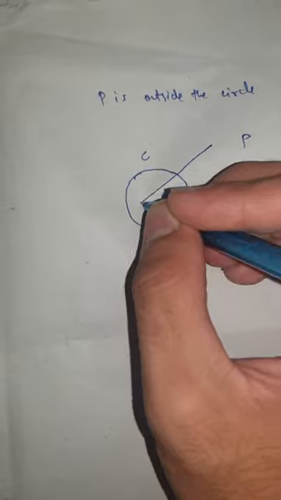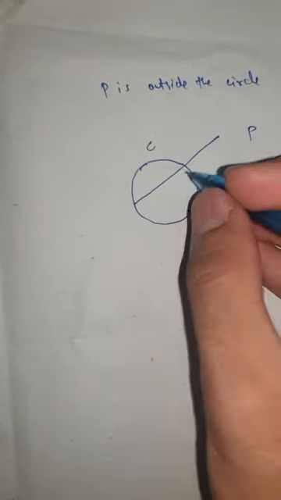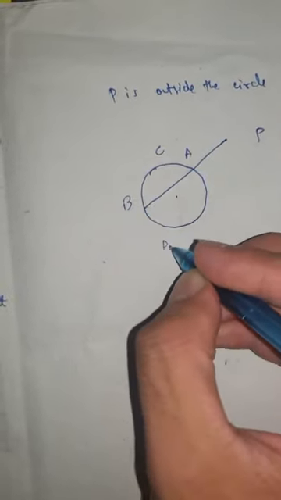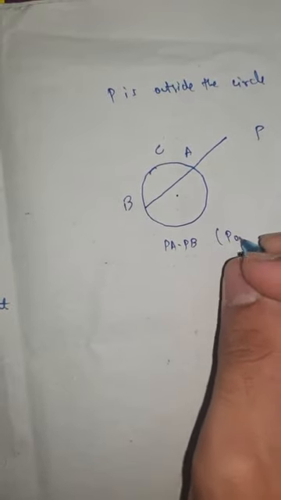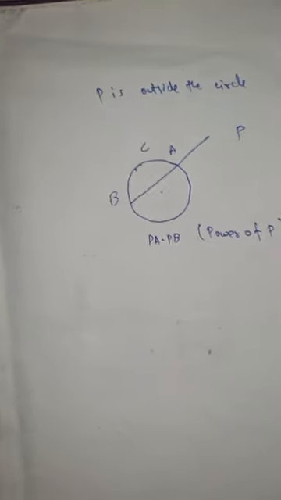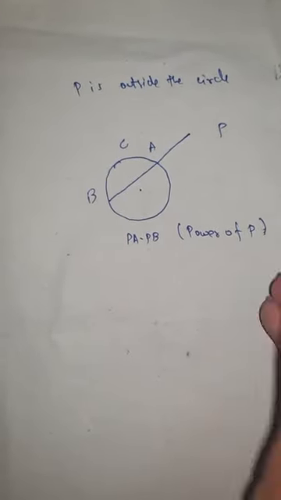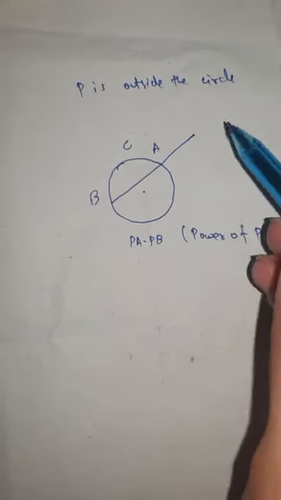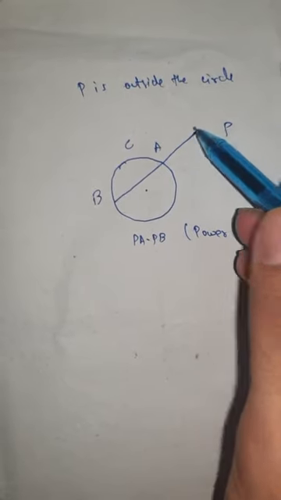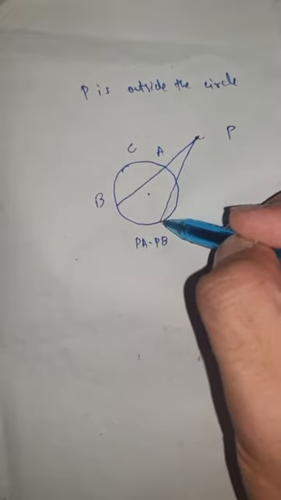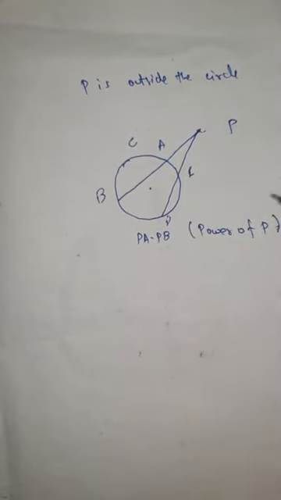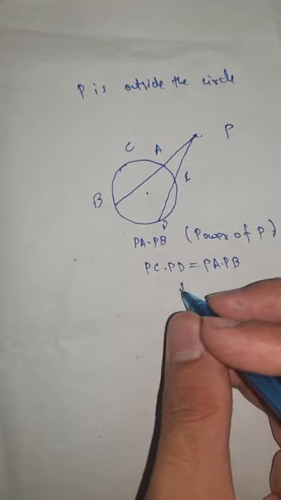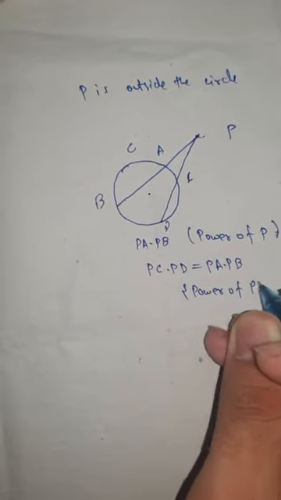If we draw a secant which cuts the circle at A and B, then PA into PB is the power of point P. The special quality of this is that regardless of any secant we draw from P, suppose we draw another secant like this, which cuts at C and D, PC into PD is also equal to PA into PB, which is in fact the power of P.